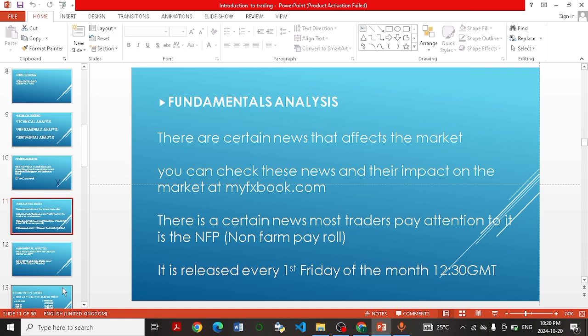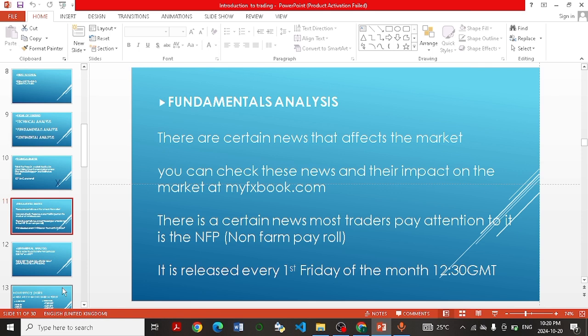The news: there are certain news that happens in a country or in a place that makes a pair move in a certain way. So let's say, for instance, a news is coming up and the market is kind of in a range, just going up and down, up and down. Once that news drops, you see a very long candle either to the upside or to the downside.